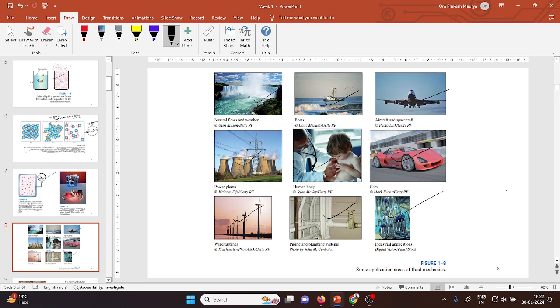But before going to applications we need to understand the concepts, the basic physics behind them, and based on the physics we formulate or derive the equations so we can apply them anywhere.